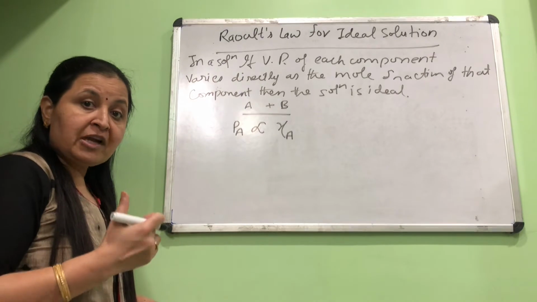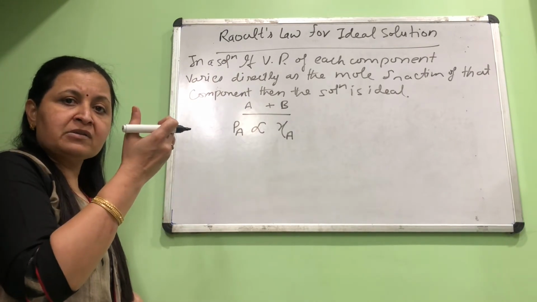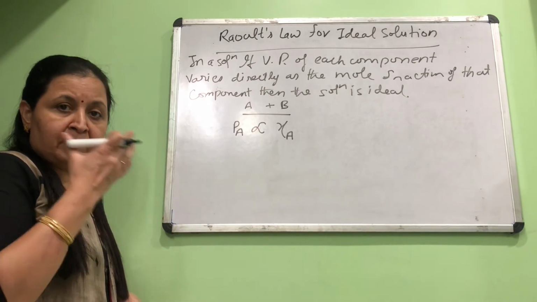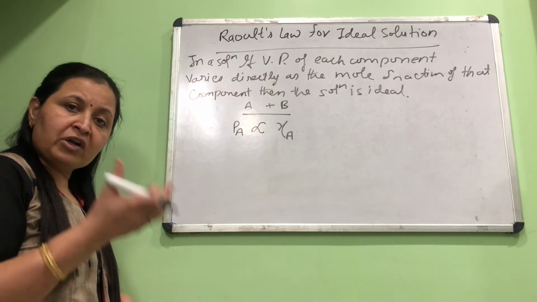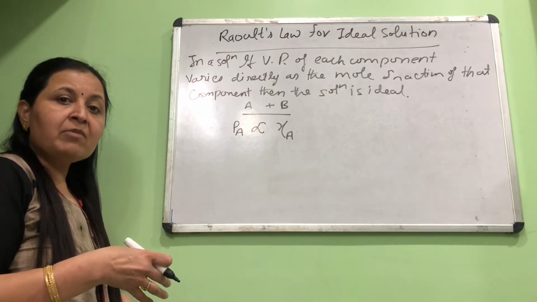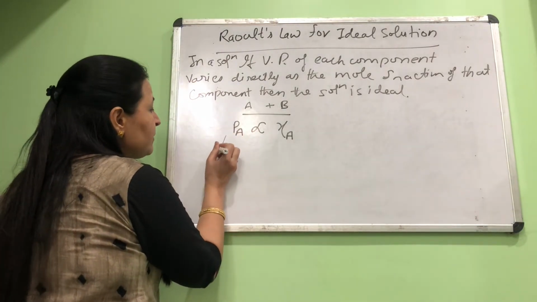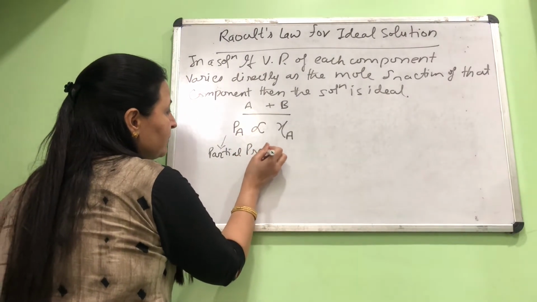Because in the solution there are two components A and B, both volatile. A will give vapors, B will also give vapors, and the total pressure will be due to A and B together. Out of that total, whatever is the vapor pressure of A will be called the partial pressure of A. So when I write PA, it is the vapor pressure of A, the partial pressure of A.